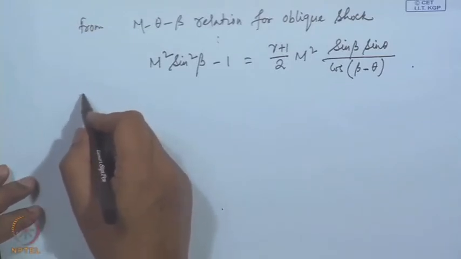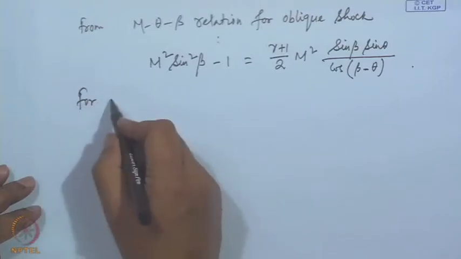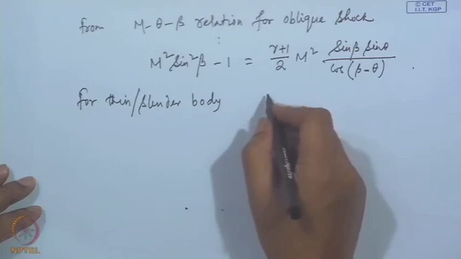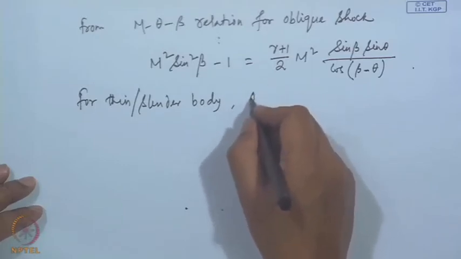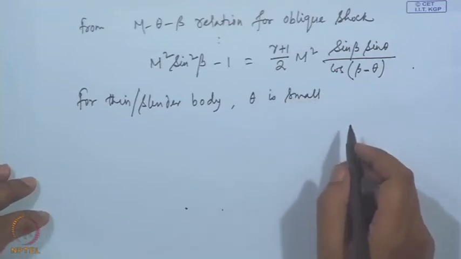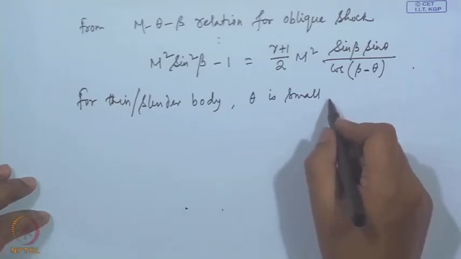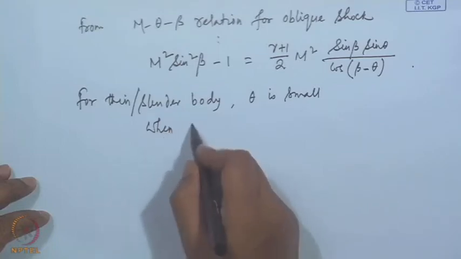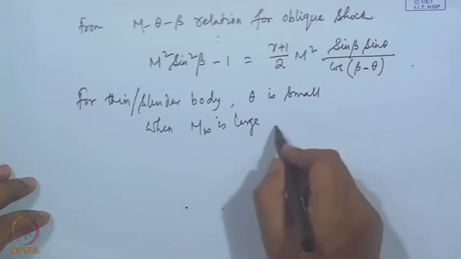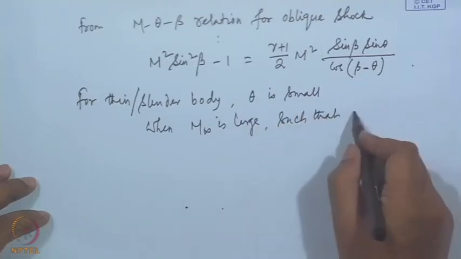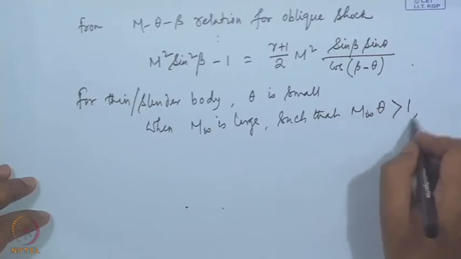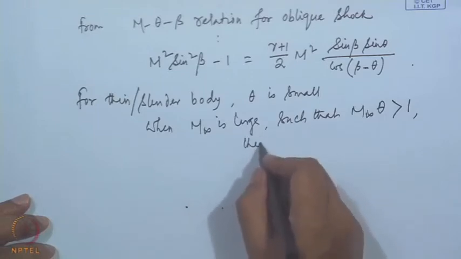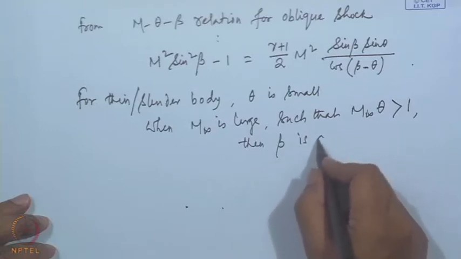Now, for thin or slender geometry, theta is small, and when M infinity is large such that M infinity theta is much larger than 1, then beta is also small.